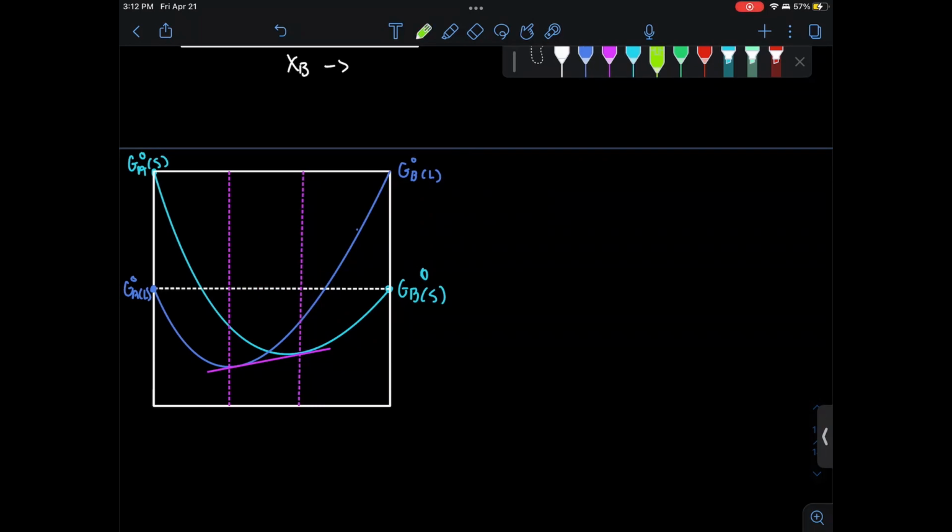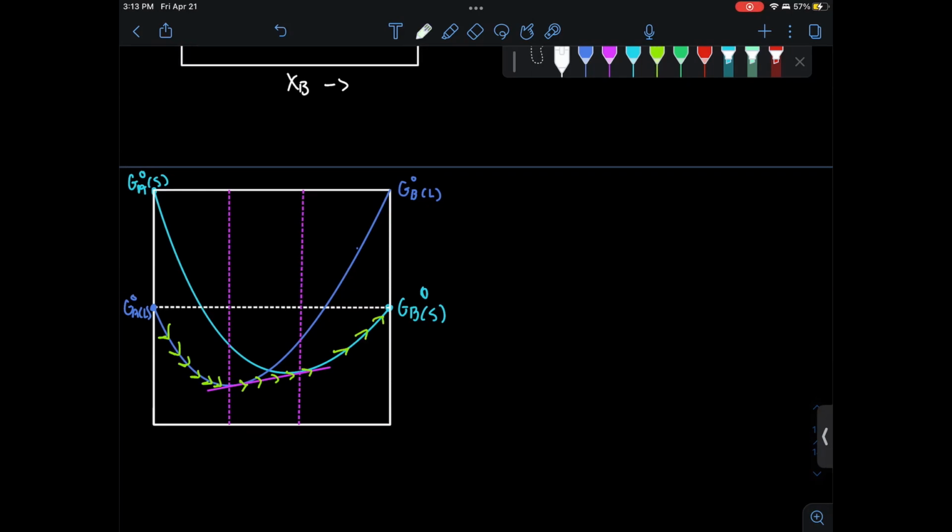First, my liquid region is going to be the one that has the lowest Gibbs free energy, so it's stable. And then the two are stable at the same time, and then the solid is stable.